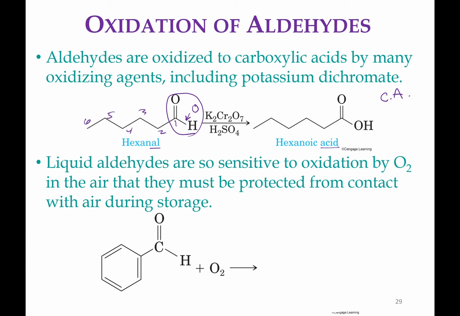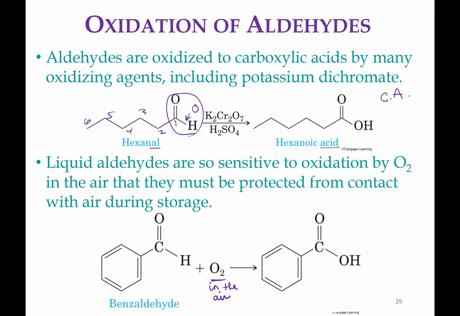If we were doing lab in the actual lab together, you could see the reaction happen during the lab: the oxygen in the air can actually oxidize this compound because they're so sensitive. So you have to be careful about oxygen in the air when you're storing this product. So this is benzaldehyde, and it's going to react with oxygen just in the air to form benzoic acid.